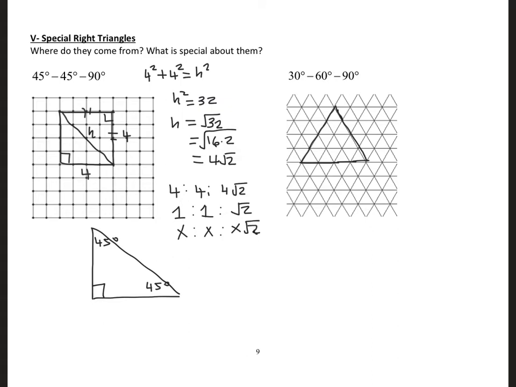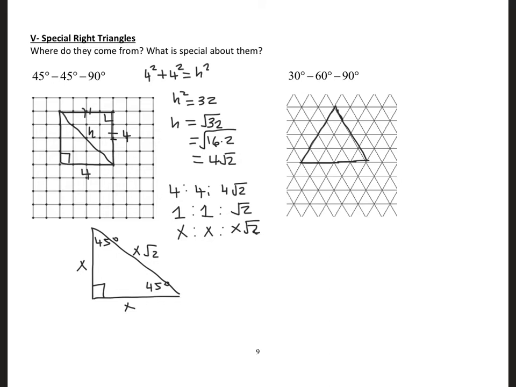So any 45 degree triangle is going to have this relationship. Remember, these congruent sides we call the legs. These legs are congruent, and we have the hypotenuse. That's the relationship I want you to see there.